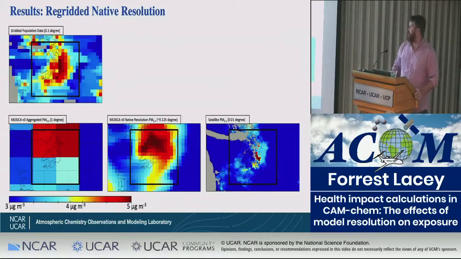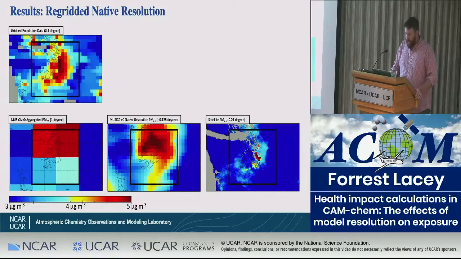And then what we need to calculate the exposure from this specific model output is population. So here what I'm showing is population that approximately matches our native grid output. So it's at the 0.1 degree. Our model output's at about 1/8 degree.